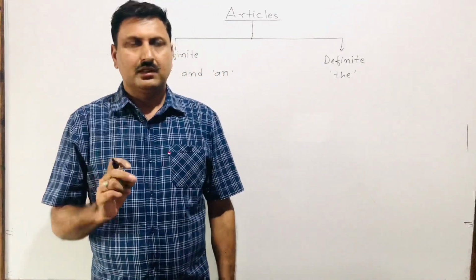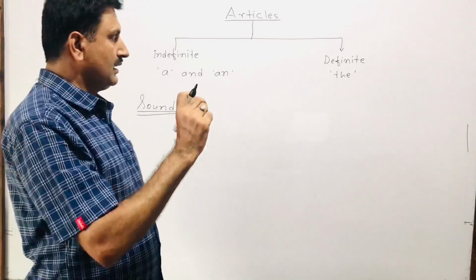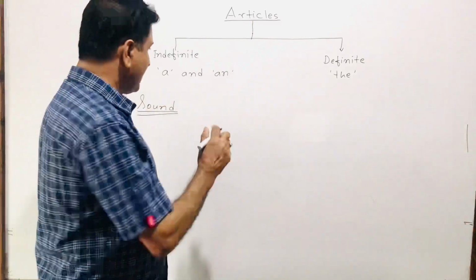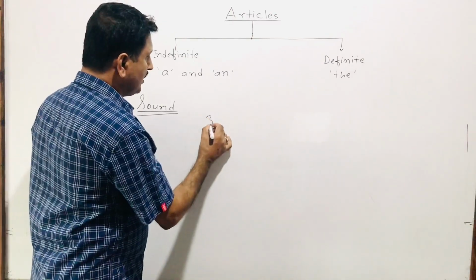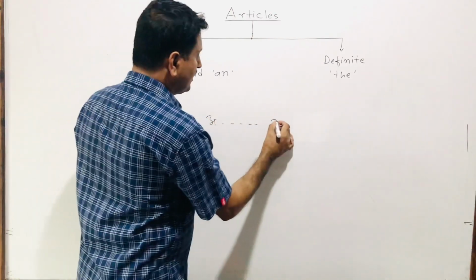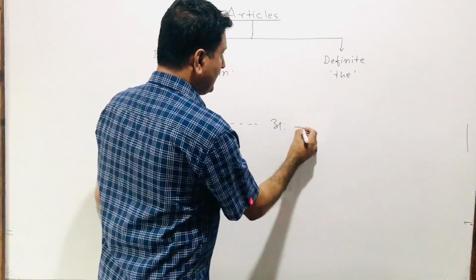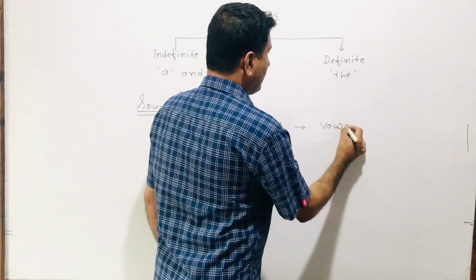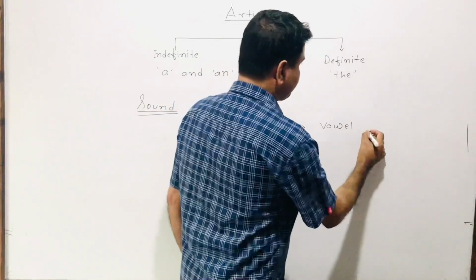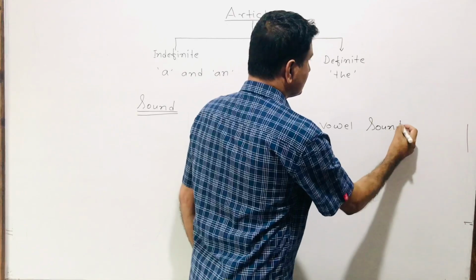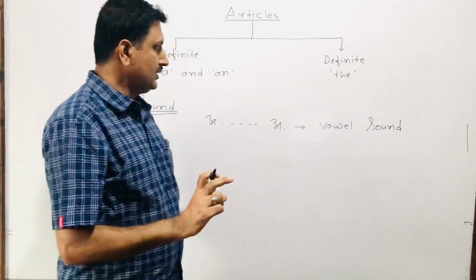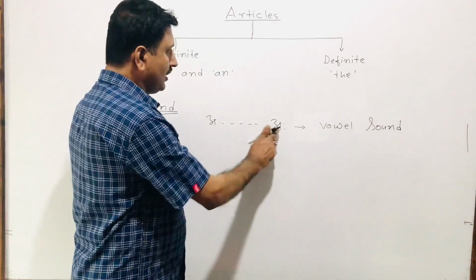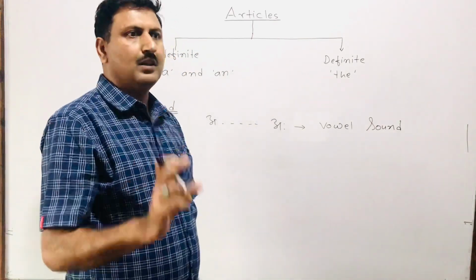So be sure, any letter that gives the sound from A to A in Nepali is vowel sound. So any sound that you hear from A to A is vowel sound.